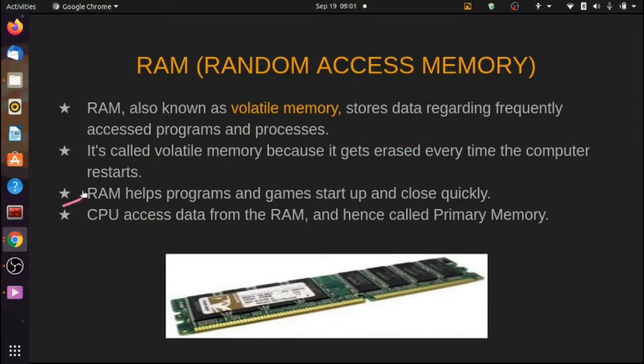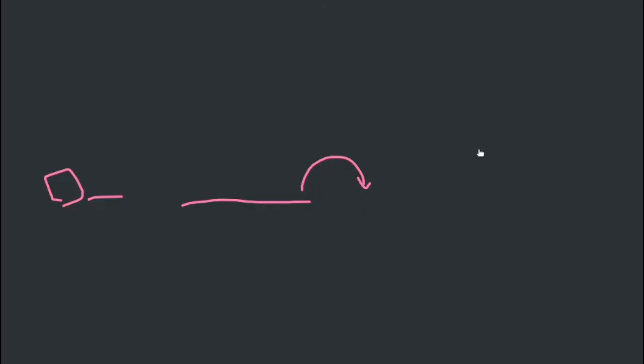Now, the third point says that RAM helps programs and games to start up and close quickly. It's basically a fact, and the reason for this is, let's consider a scenario. Suppose the CPU wants data, but the data which the CPU is looking for is not present in the RAM.